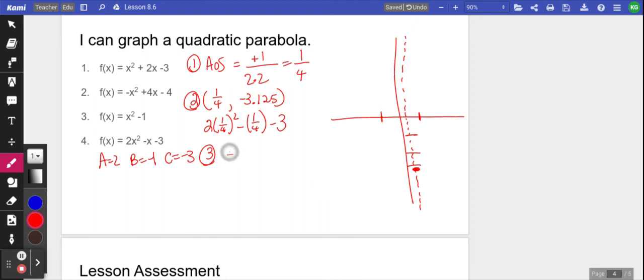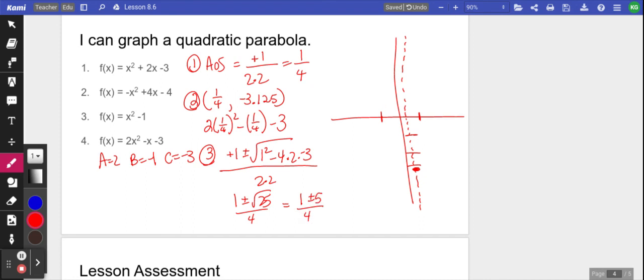So opposite of b plus or minus the square root, b squared minus 4 times a times c, all over 2a. 1 squared minus 4 times 2 times -3 is 25. And the square root of 25 is 5.